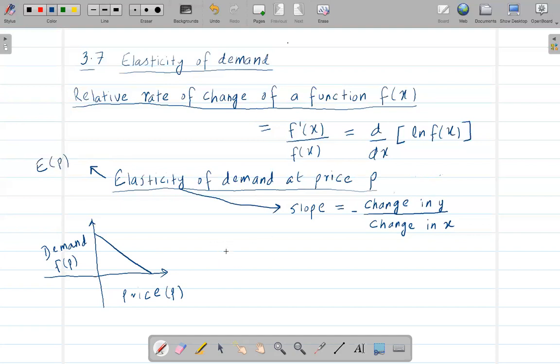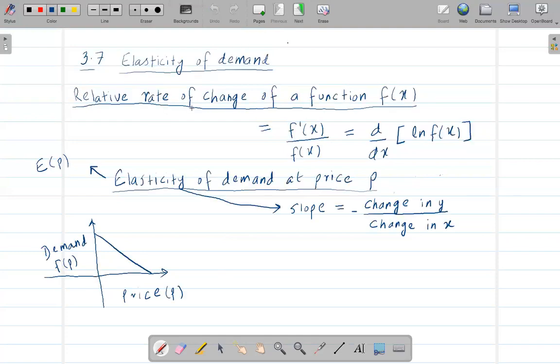Let me write it on a new page, I don't think I have enough space here. So elasticity E of P is equal to, since we're talking about the relative rate of change, we will define the elasticity of demand using this idea.